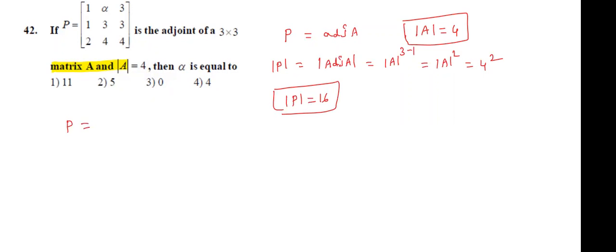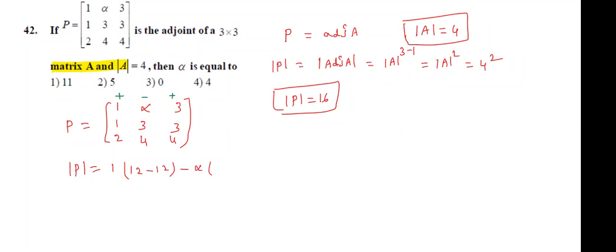Now take the P matrix. P is equal to [1, alpha, 3; 1, 3, 3; 2, 4, 4]. Then what is det P? How to apply det, you know very well, signs plus, minus, plus. 1 into (12 minus 12), minus alpha into (4 minus 6), plus 3 into (4 minus 6).